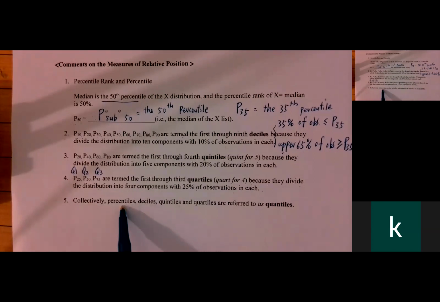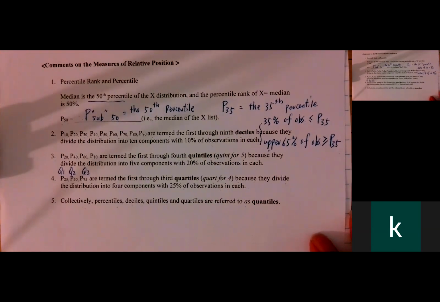Collectively, percentiles, deciles, quintiles, and quartiles are referred to as quantiles, like quantitative variable, okay? If you want to copy, go ahead. You have 1 minute.